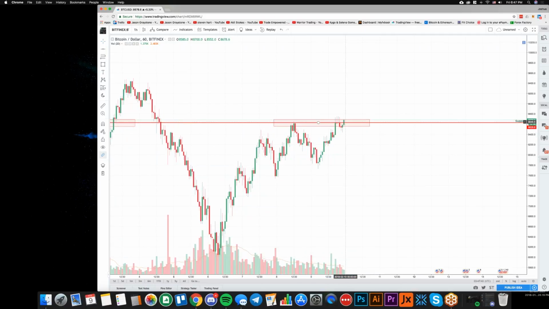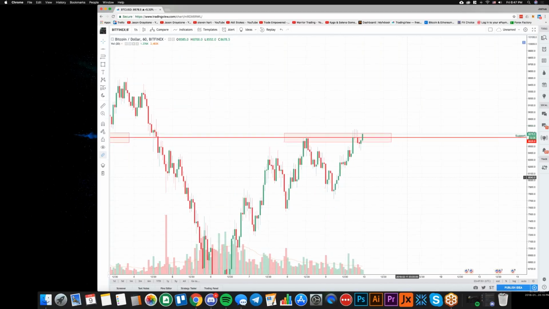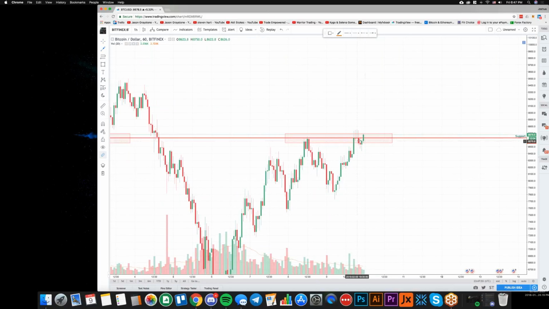It's not just continuing upward, it's finding the ceiling, it's finding resistance. And what we're going to look for to indicate a bull move is for this price to break through this resistance like it's doing right now, come up and retest it before continuing upward.